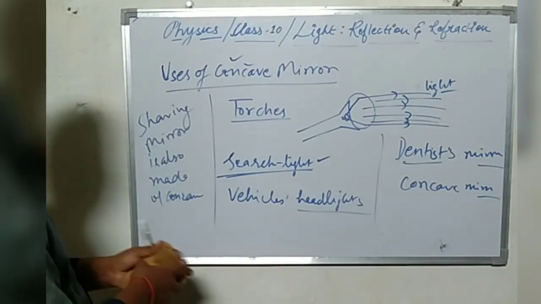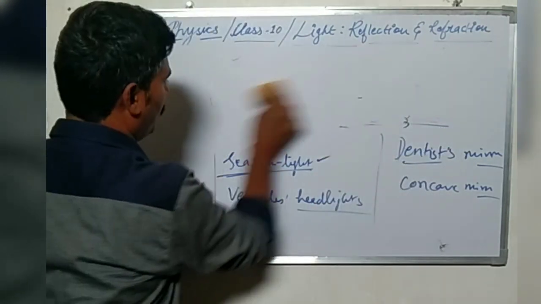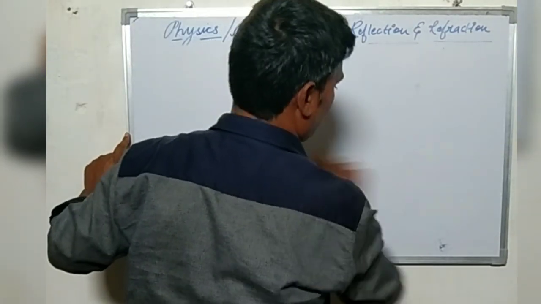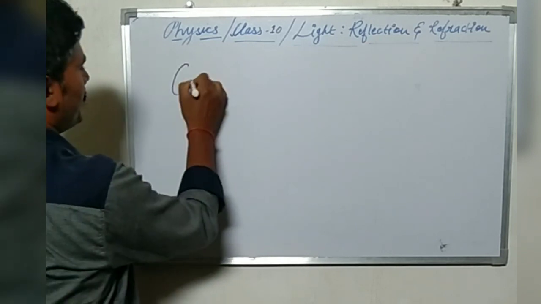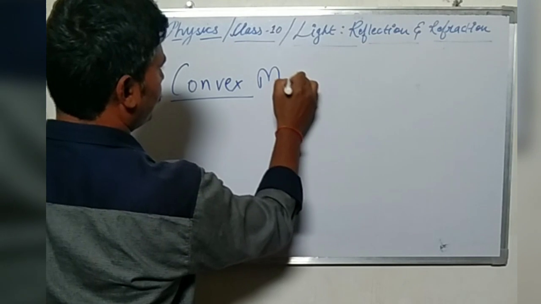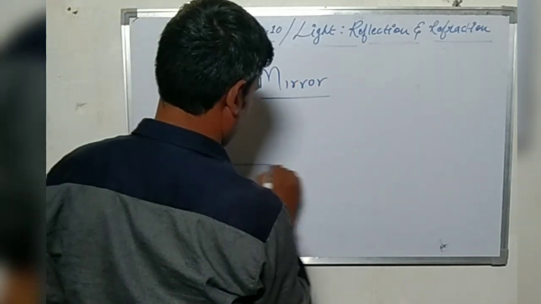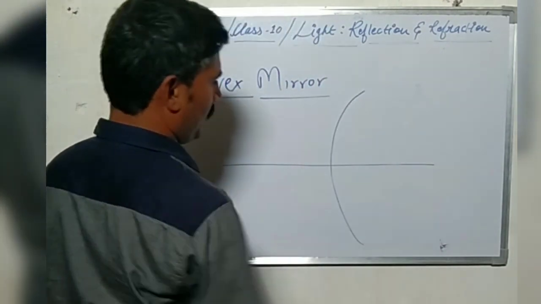for productive purposes. Okay, so we have discussed the uses of concave mirrors also. Now slowly we will move towards the convex mirror. We have already discussed the shape of the convex mirror and the nomenclature.